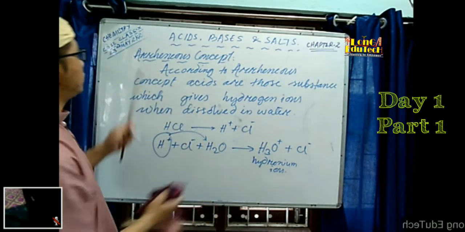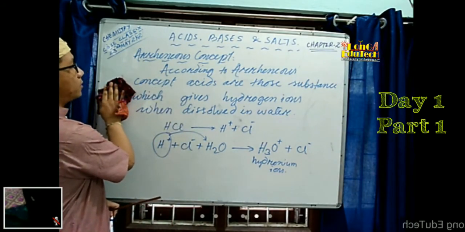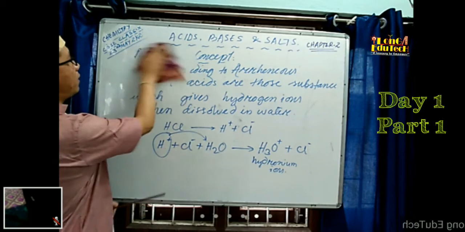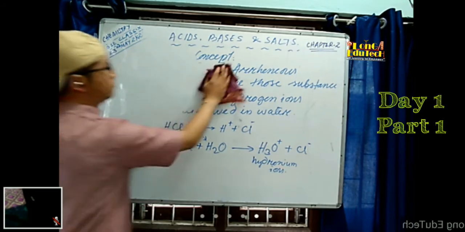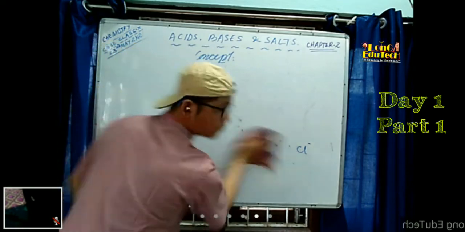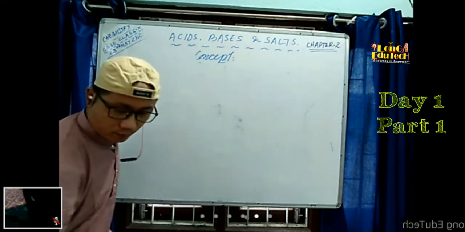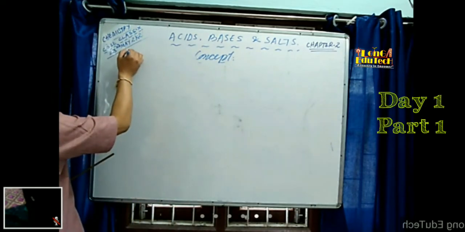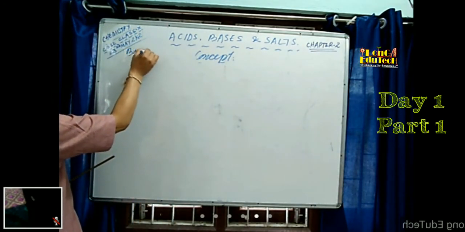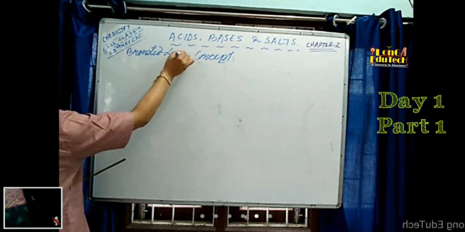So this is the Arrhenius concept. Now we'll go to the Bronsted-Lowry concept, spelled B-r-o-n-s-t-e-d, L-O-W-R-Y.